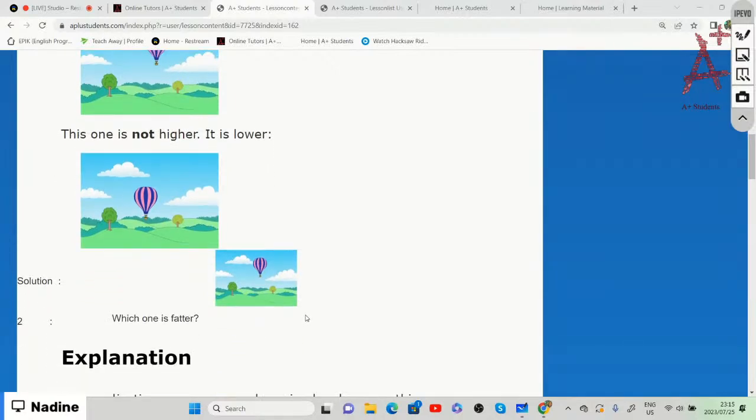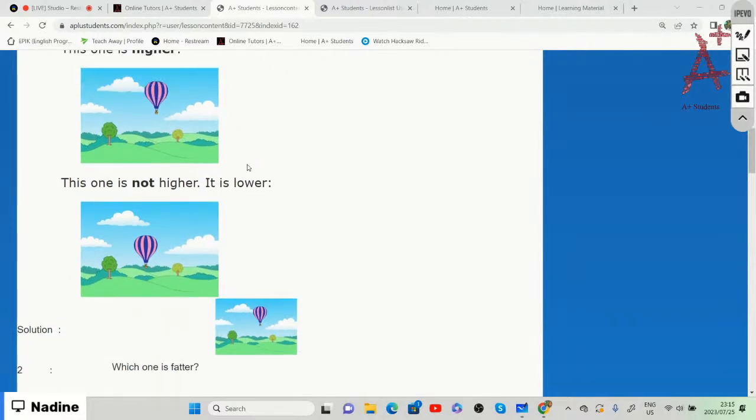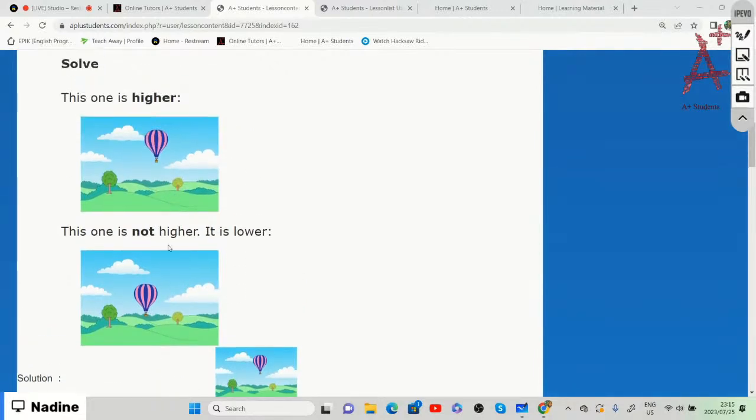If we look at the two pictures, here we have a hot air balloon in each, and we need to say which one is higher within the pictures. So you need to look at both pictures, and then say which one is higher.